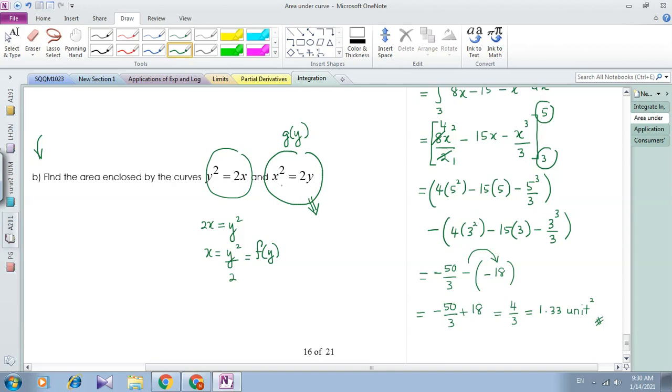So in order for this equation to become a single x on the left side, this will be the square root of 2y. You can either write the square root symbol, or you can convert it into the power, which will be 1/2 because we are dealing with a square root. So this will be your second function.